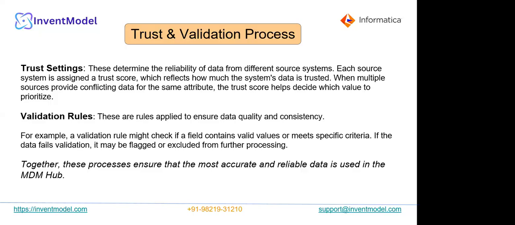Next comes the validation rule. So what is validation? Validation rules are applied to ensure that we have high quality data. We already have provided the trust value, but to ensure that the data has high quality and consistency, we have a certain set of rules where we downgrade the trust value.